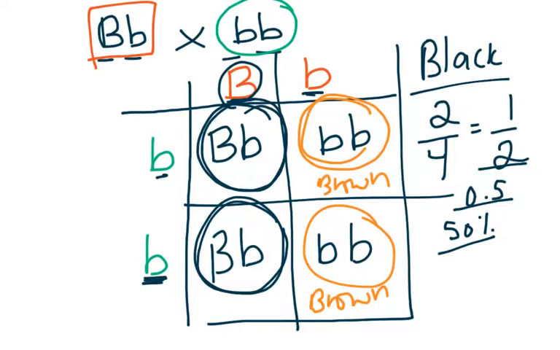So that is the probability of these two parents having a black mouse. Now, when I go over and look at the brown mouse, same thing, 2 out of 4.